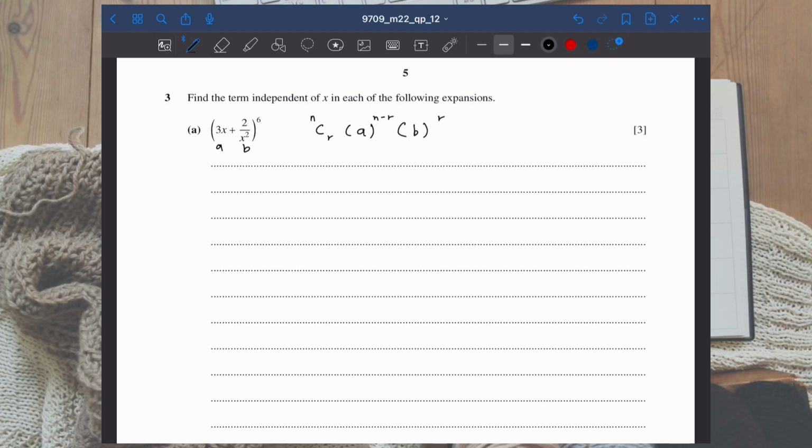So to find each term, our first term will be 6c0.